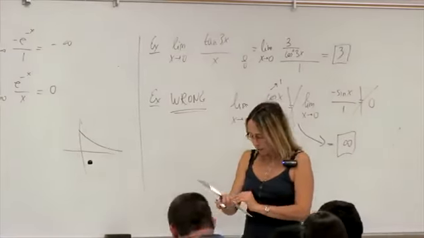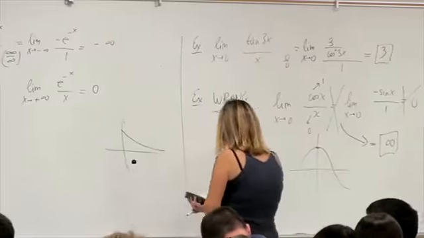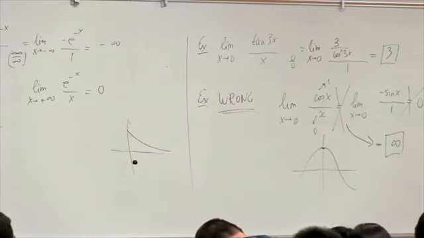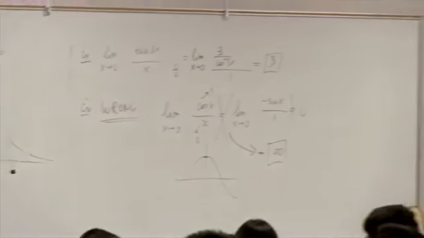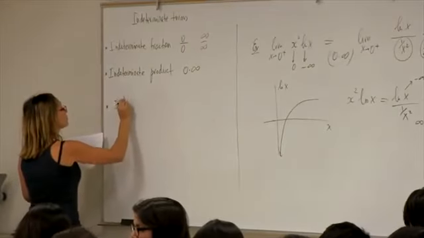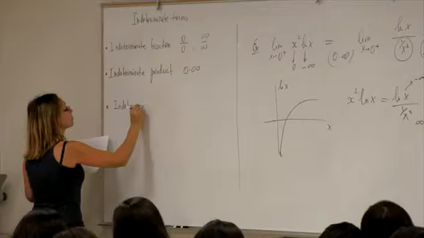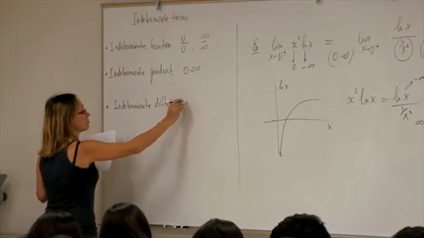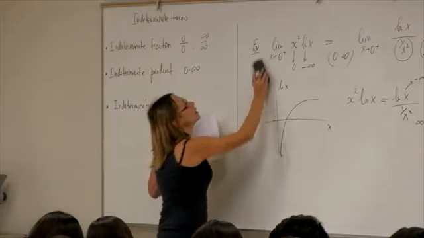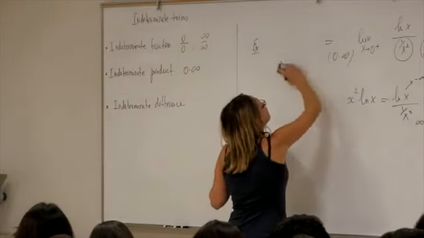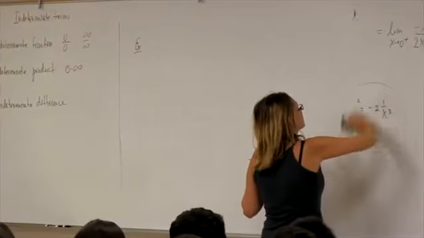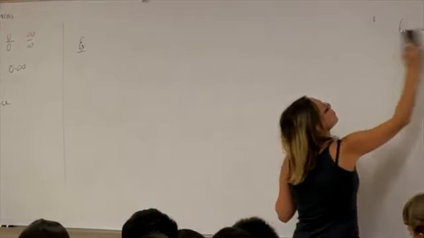Okay, very good. Next, we go to the third animal. This is called indeterminate difference. And here's my example.